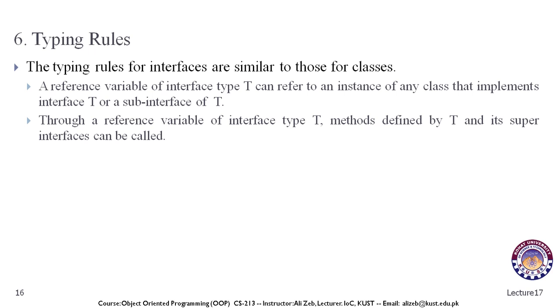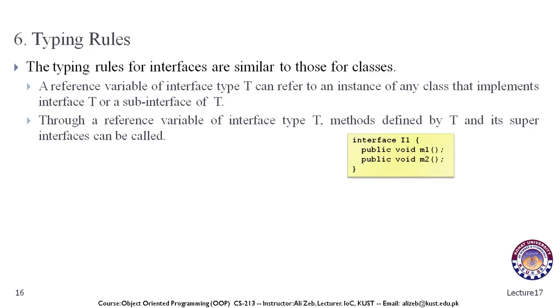We are able to create an object of the subclass using the superclass reference. We can use the interface reference to create objects of the classes that are implementing that interface. Through a reference variable of interface type T, methods defined by T and its super interfaces can be called. So it is exactly the same as our classes.